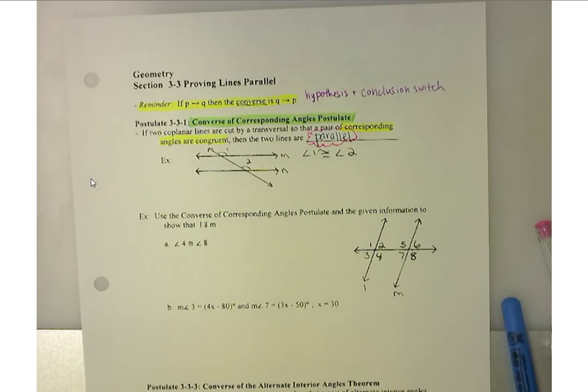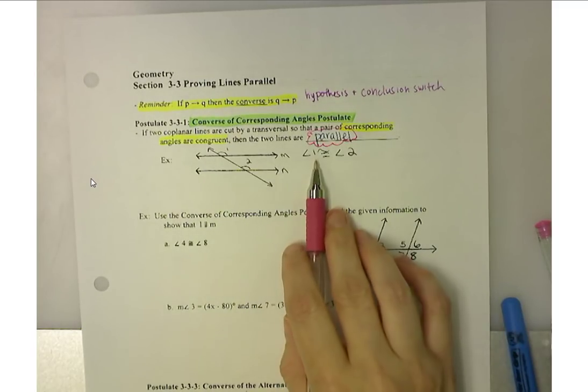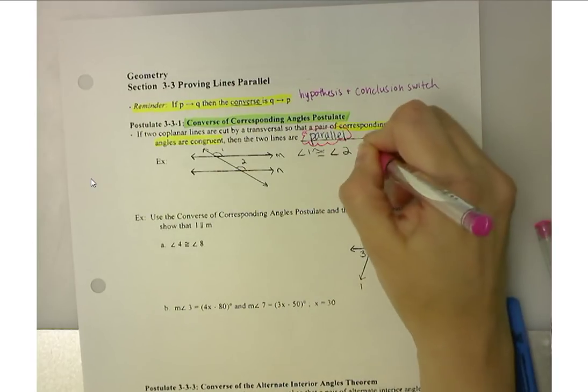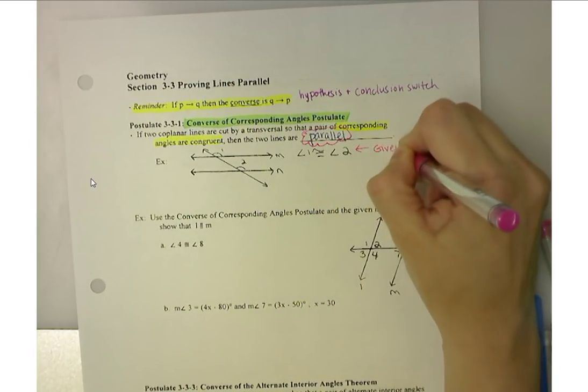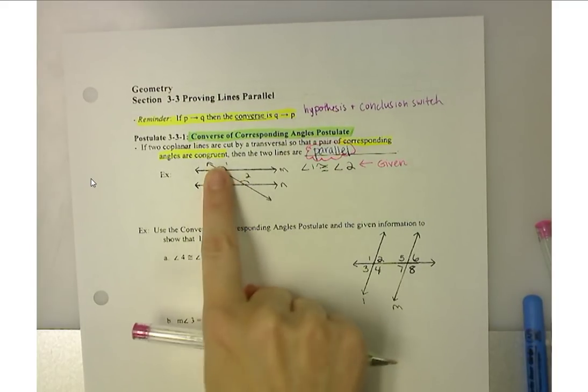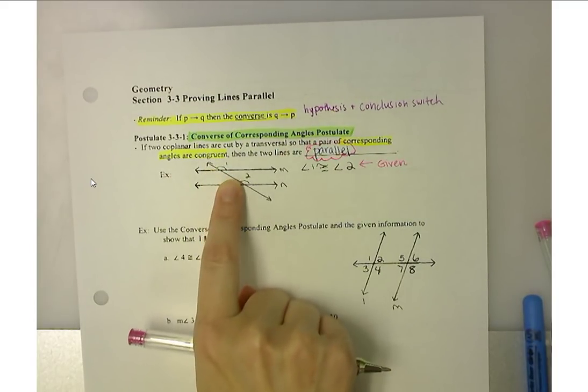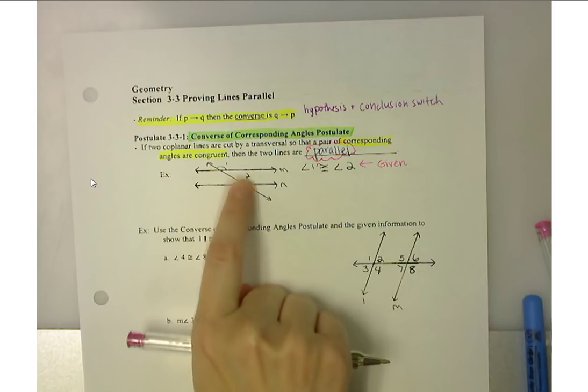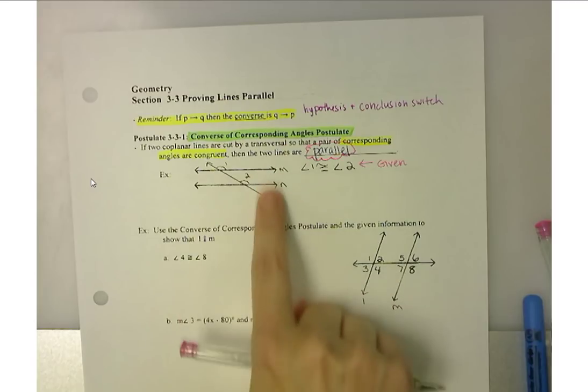All right, so the difference is what you would be given is that two angles are congruent. You would have to look at your picture and say, oh, 1 and 2 are corresponding. So because these are corresponding, it would follow that these two lines are parallel.